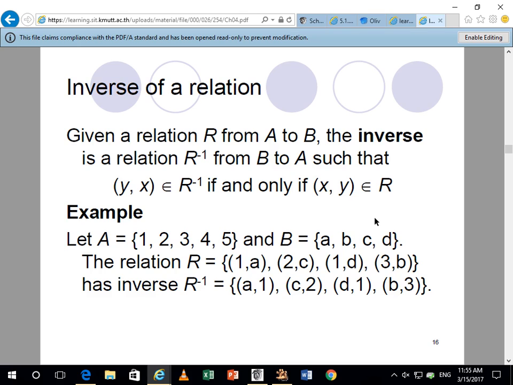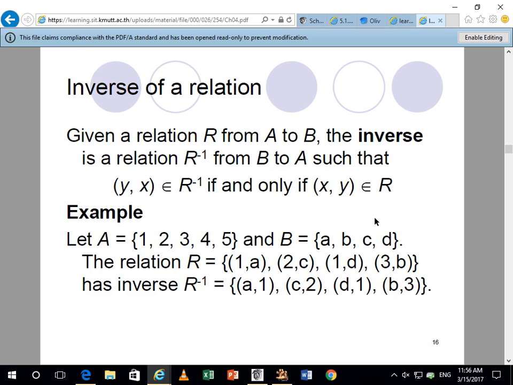Just to be clear, what is a function? A function means each input maps to only a single output. If it maps to more than one output, 1 to a and 1 to d, then this relation is not a function. That's all you need to know. A function has that property. Okay, so here we talk about relation, not function.